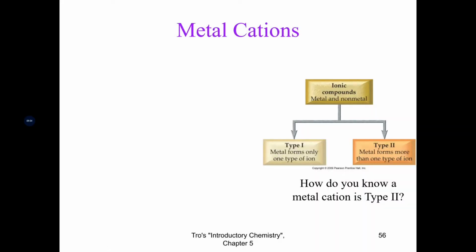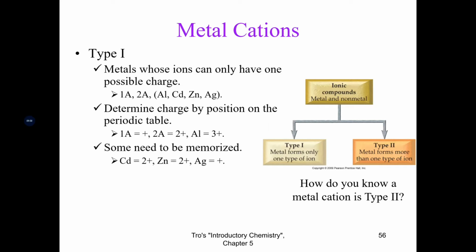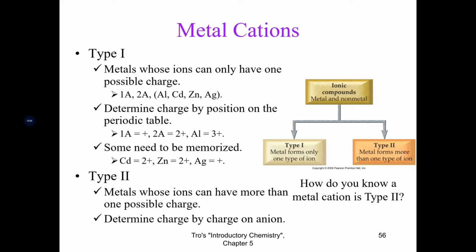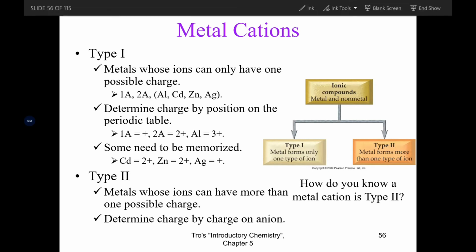Now let's take a look at naming our ionic compounds. First, let's define which ones are type 1, then we'll go on and talk about which ones are type 2. So first, let's focus on type 1.